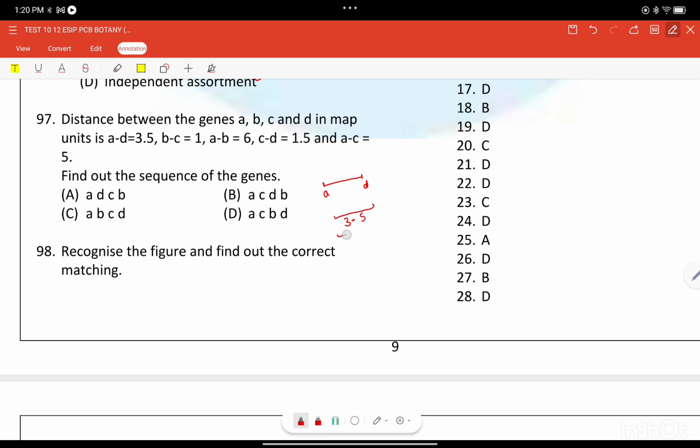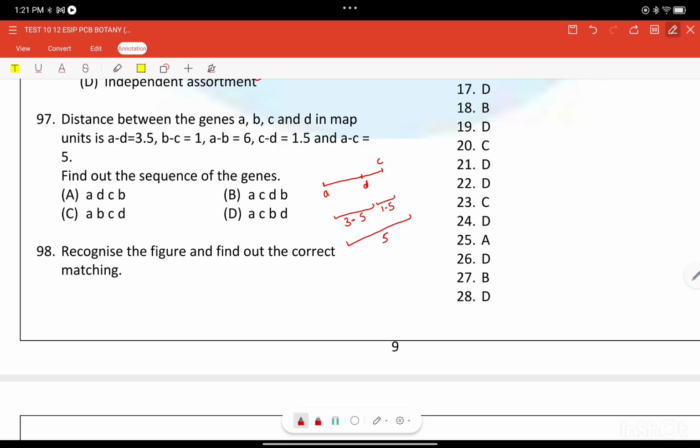A and B is given 6. A and C is given, we'll take it as 5. A and C is 5. C and D is 1.5. So 1.5 plus 3.5 is 5.